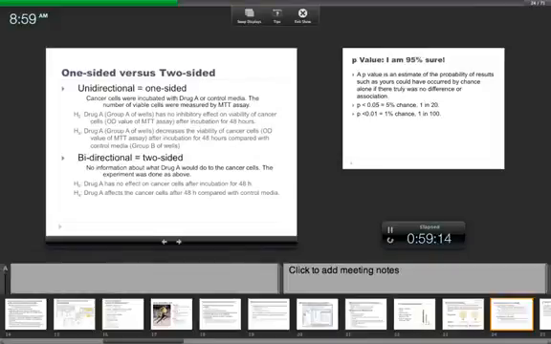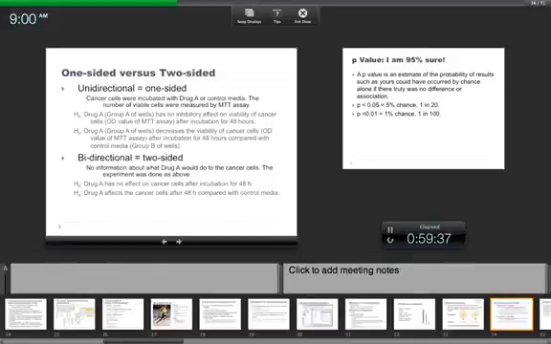And then if we have the data, if the p-value rejects the null hypothesis, then the alternative hypothesis is that drug A affects the cancer cells after 48 hours compared with control media. At this point, we don't know whether it's an increase or decrease.